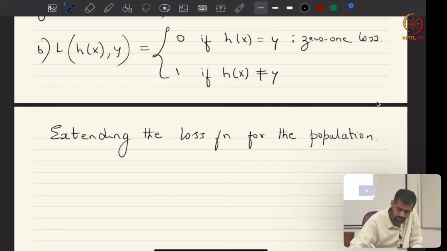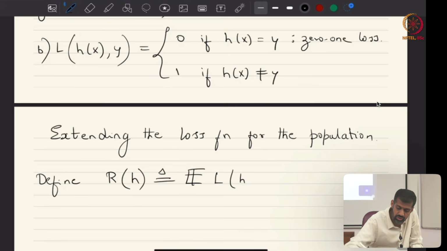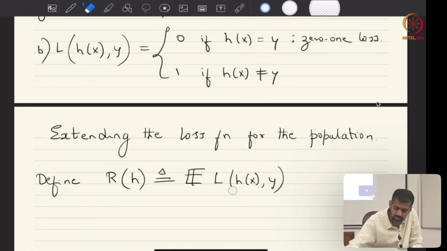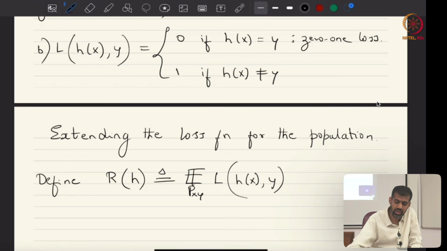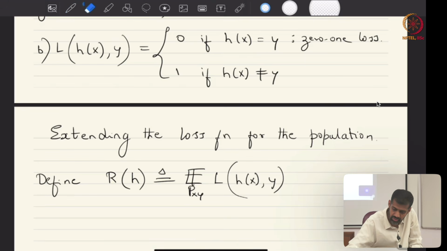Define what is called a risk function, which is the expected value of the loss function, where the expectation is taken over the joint distribution of x and y. This is called the risk function.